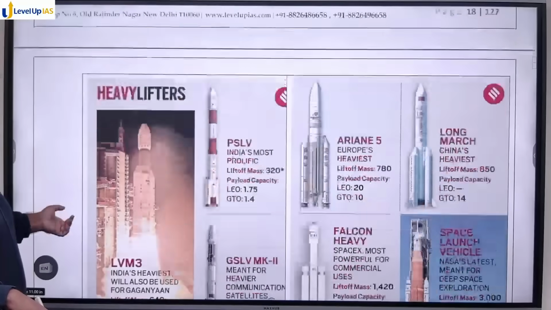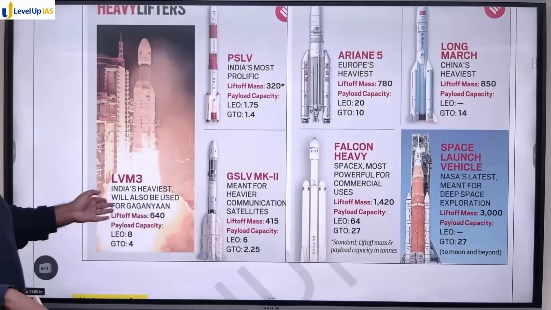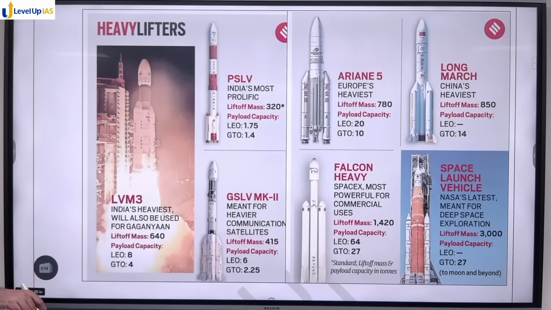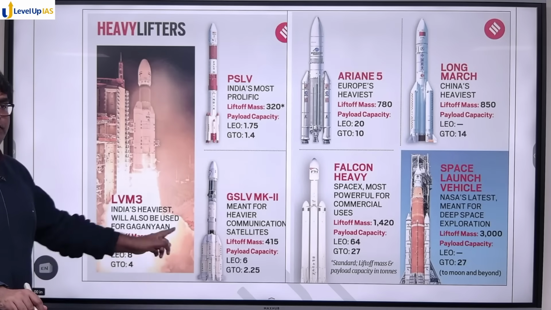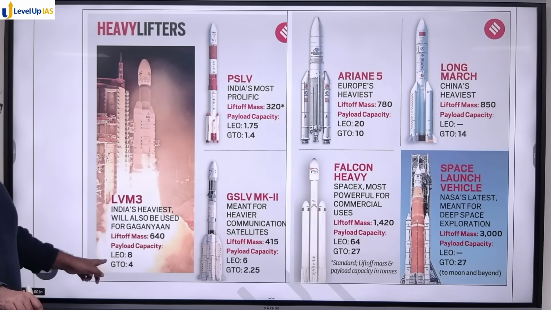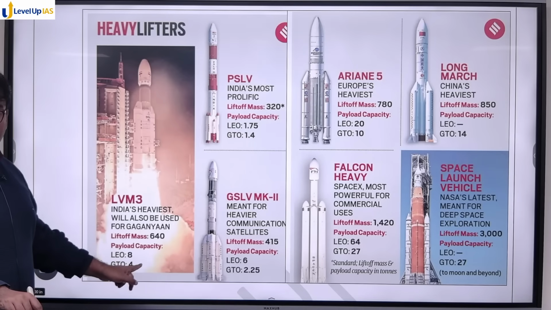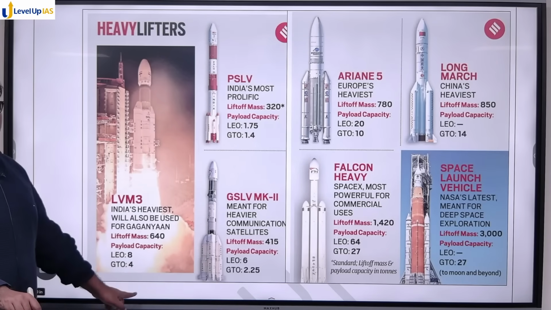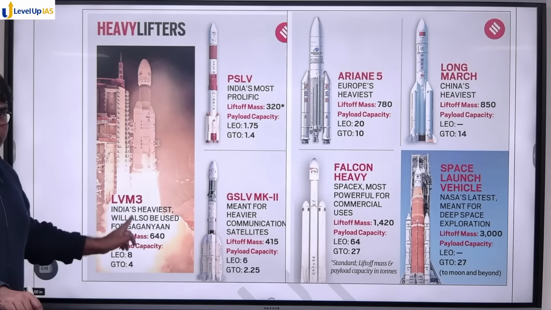Capability we understand. In fact, this is the heaviest of India's rockets. What is its lift-off mass? 640 tons, 640,000 kg. What is the weight that it can carry to low Earth orbit? 8 tons. Here everything is given in tons. To GTO, 4 tons.